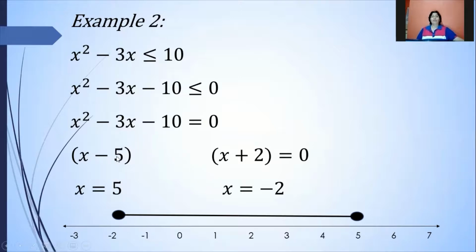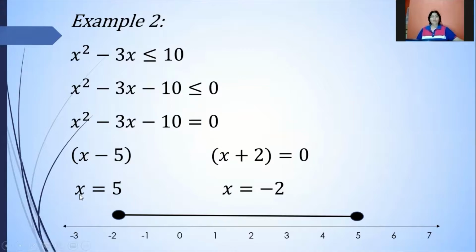But you have to place the negative in negative 5 because of the middle term. See to it that the middle term is negative 3. Let us check. Negative 5 times x is negative 5x. X times 2 is equal to 2x. Negative 5x plus 2x is equal to negative 3x. Okay?